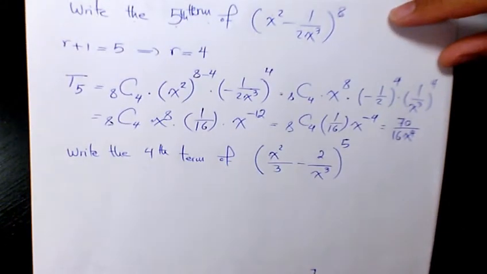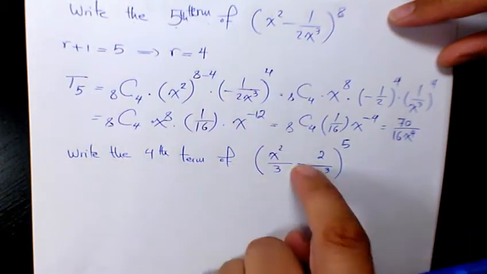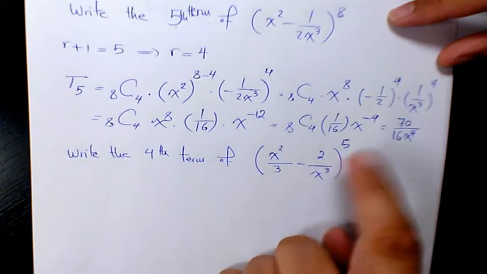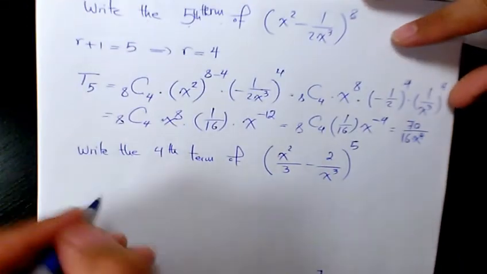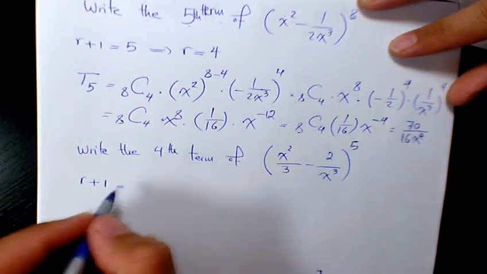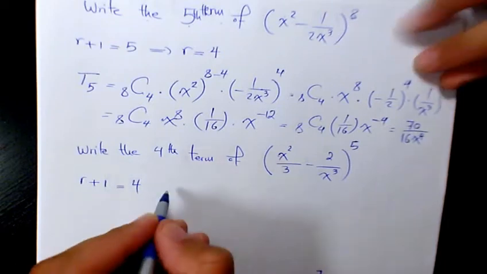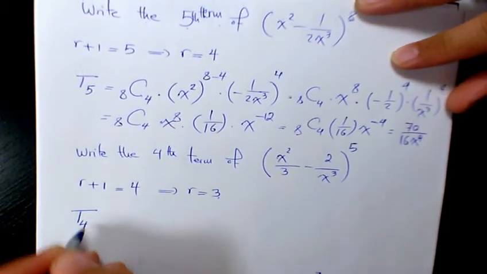Next one. Write the fourth term of (x squared over 3 minus 2 over x cubed) to the power of 5. So in this case, r plus 1 is 4, because that's the fourth term. It means that r is 3. So you need to look for T4.